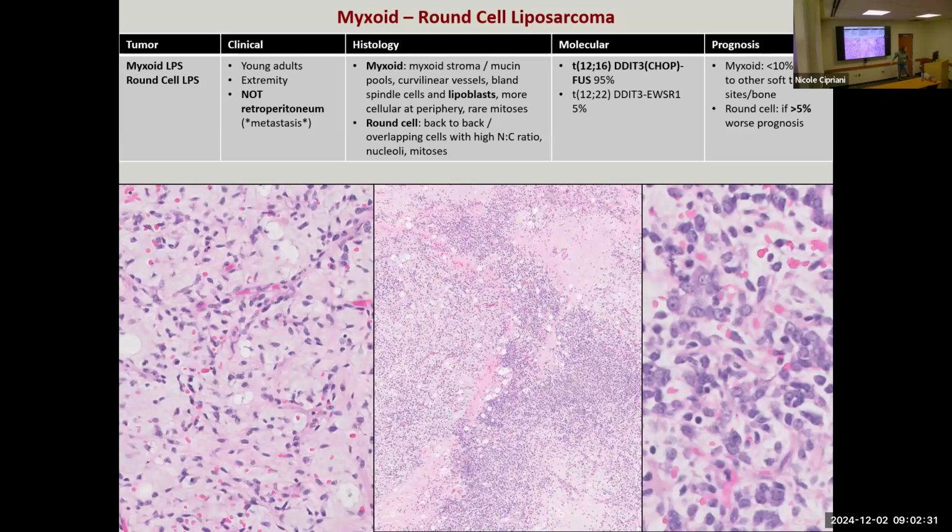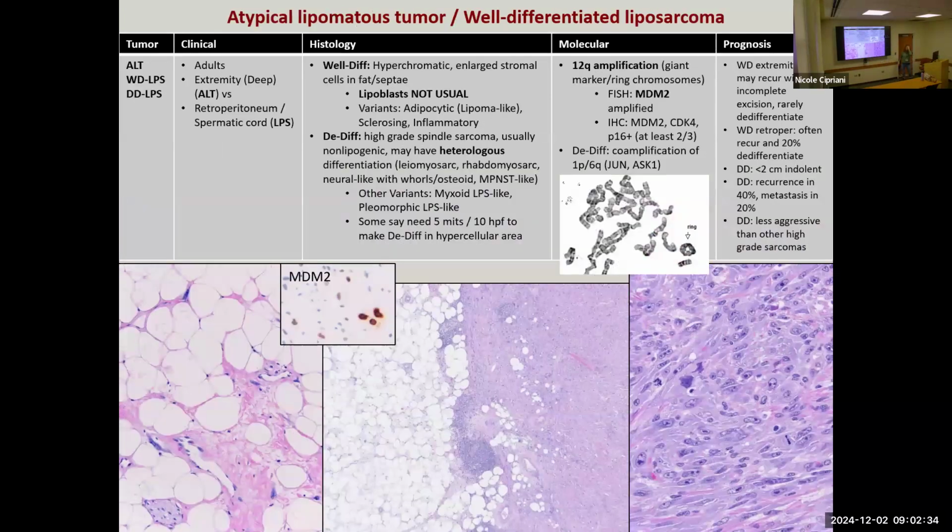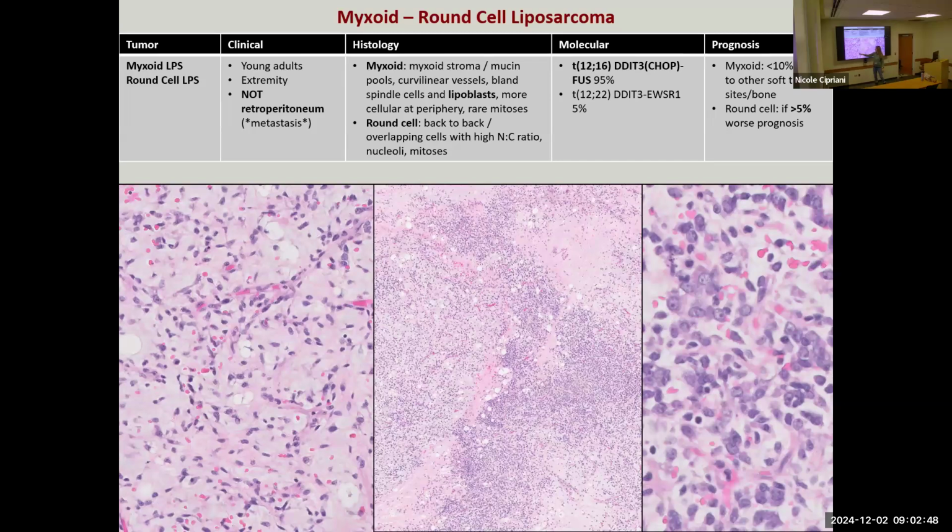In contrast, in well-differentiated liposarcoma, you probably won't see lipoblasts, so don't go looking for them. You will see those atypical cells, usually no lipoblasts. Bland cells, vessels, lipoblasts: that's myxoid.